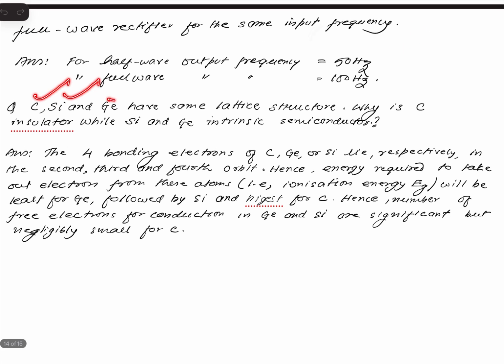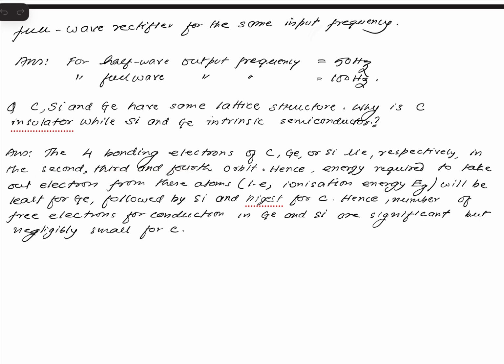Now see here. Carbon, silicon, germanium have the same lattice structure. Why is carbon an insulator, while silicon and germanium are intrinsic semiconductors? Here is the explanation. The 4 bonding electrons of carbon, silicon, germanium lie respectively in the second, third and fourth orbit.